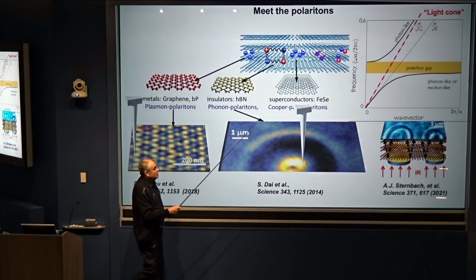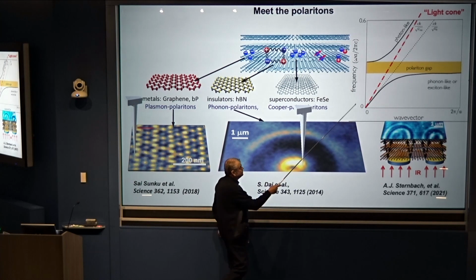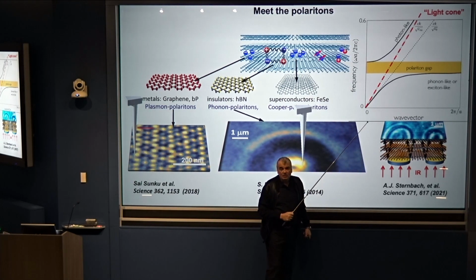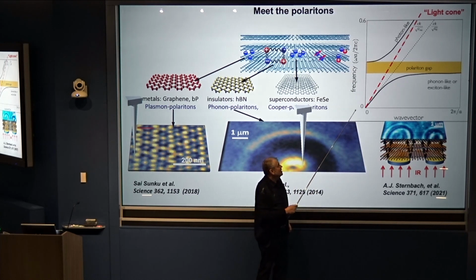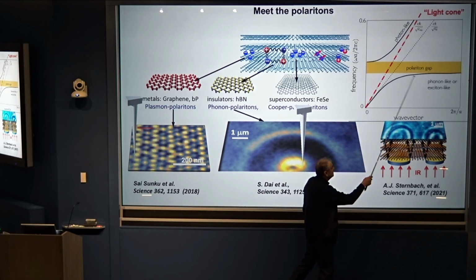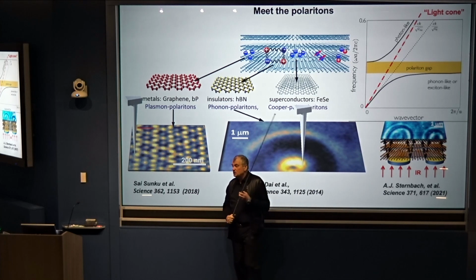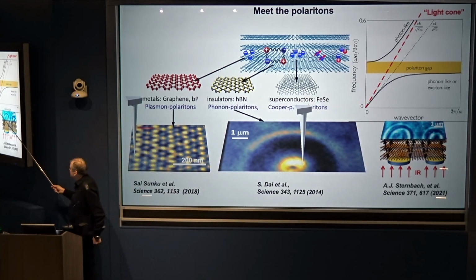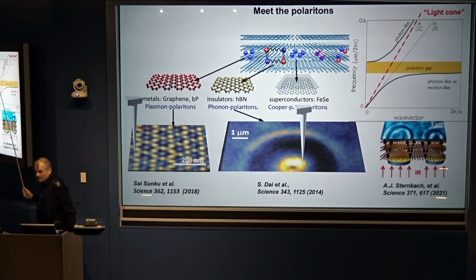So the dashed line here is a light cone, and somewhere in this shaded area, there could be a material resonance residing. This could be a phonon mode, this could be an excitonic feature, and when light and matter hybridize, this dispersion splits in the two branches.